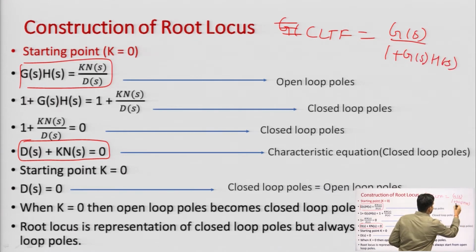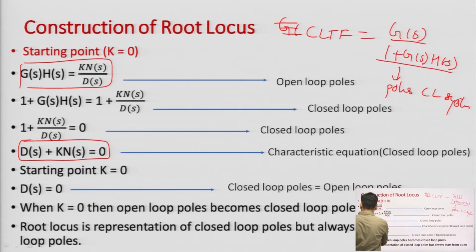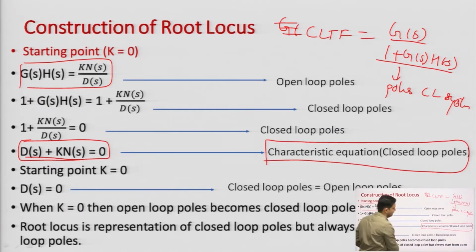So, 1 plus G(s)H(s) basically acts as the poles of the closed loop system. That is why whatever we are writing here, 1 plus G(s)H(s), that is D(s) plus K N(s), it belongs to the closed loop poles of the system, and we are saying this is basically a quadratic equation.